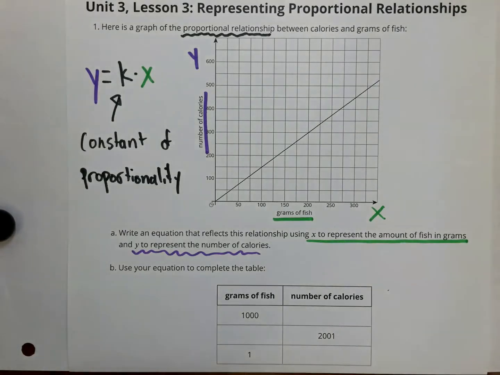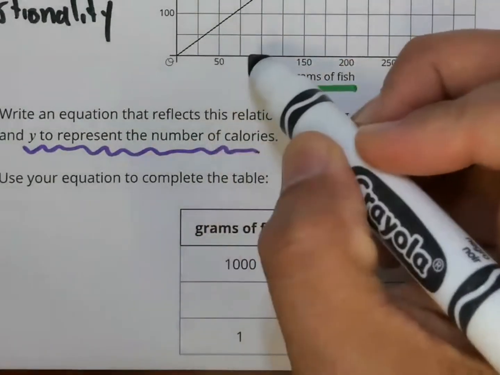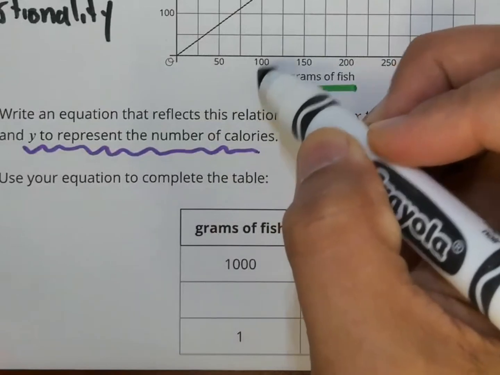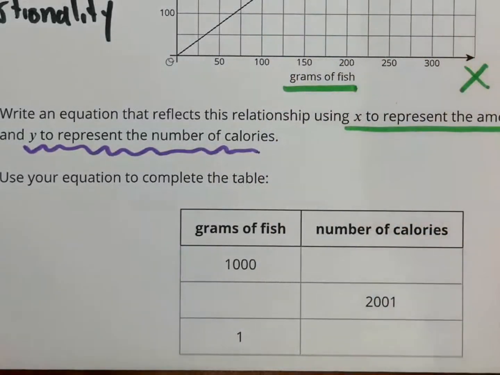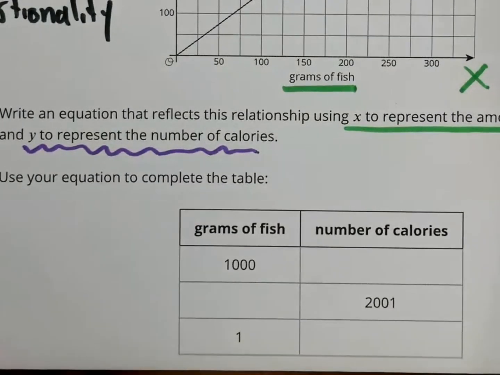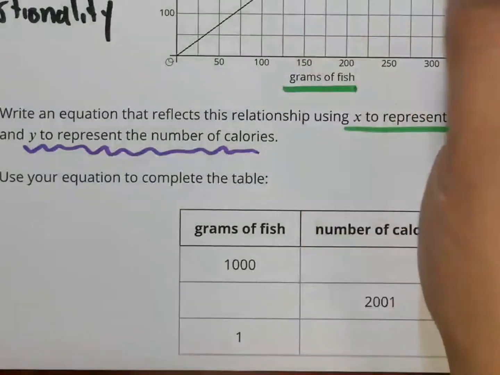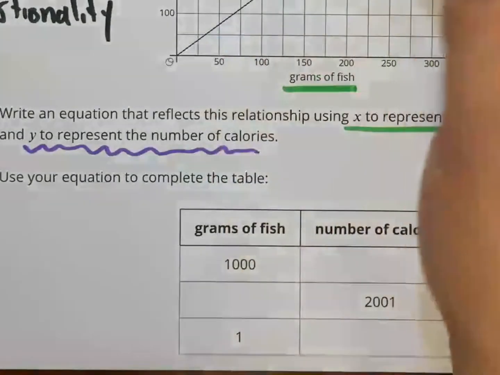Okay, so on our graph, notice I have different points here, right? I have points that I know for sure, right here, right here, right here. So I have X and Y. To find what the constant is, it is always Y over X. So in these points that I have, you can do it for either one and you'll get the same thing.